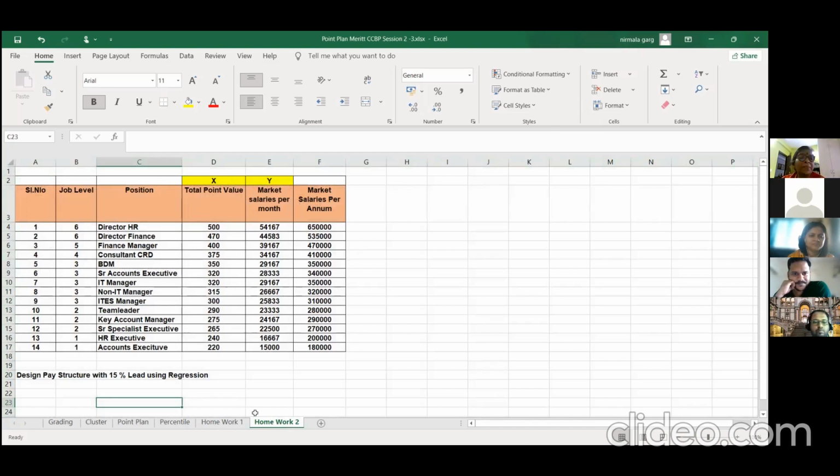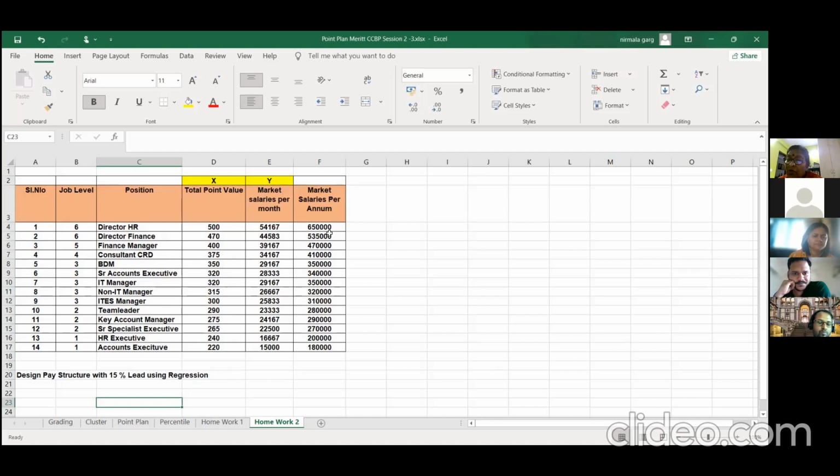This is also very simple. Everything is worked out. Point values here. Then market salary is here per month. This market salary per annum, you can actually delete. Now with total point value and market salary per month, what can you get? Pay line salary. That means what you need to pay.